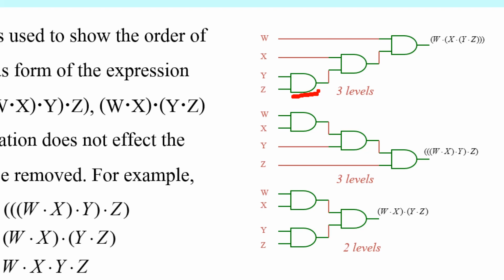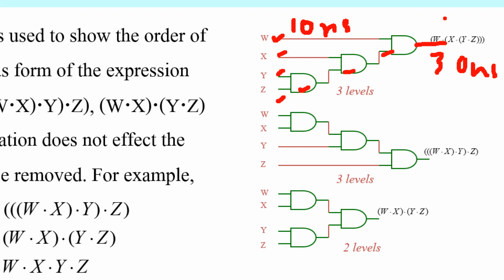For example, if each logic gate has 10 nanoseconds of propagation delay, when you apply all of this input, you must wait 1, 2, 3, 30 nanoseconds to get the correct result. But for two levels, you wait only 20 nanoseconds. It's faster.